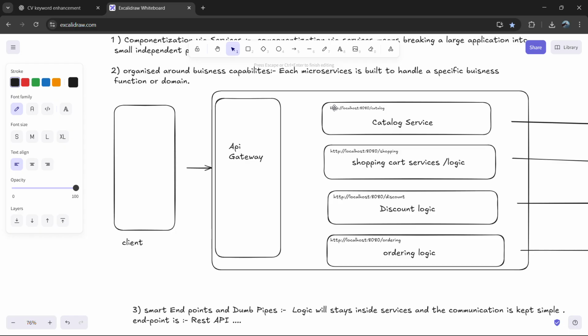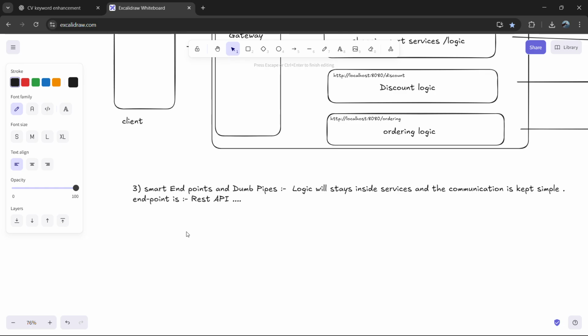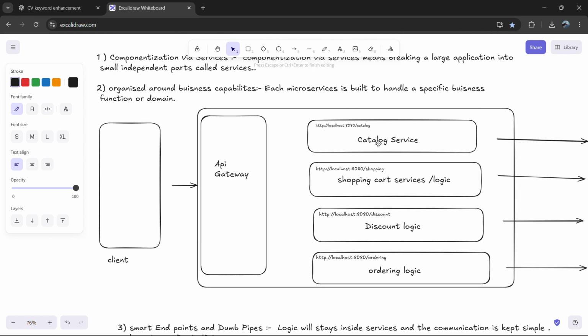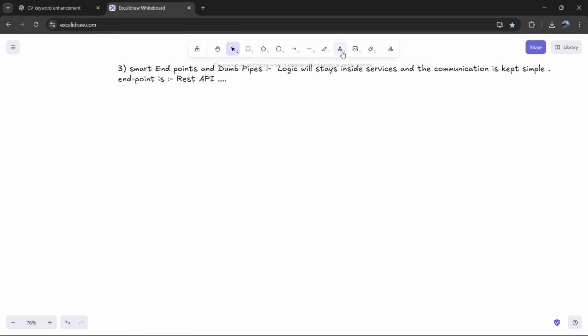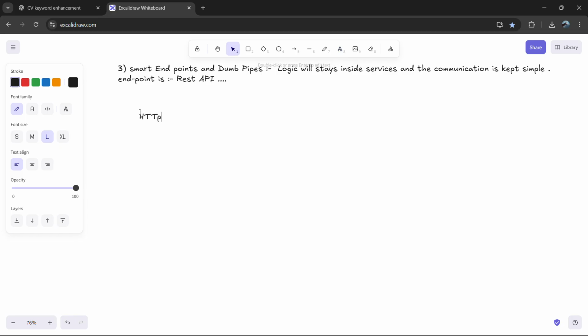So this is point 3, smart endpoints and dumb pipes. If the catalog service wants to communicate with shopping cart, then it will communicate through the HTTP method. There are only 4 types of HTTP methods.